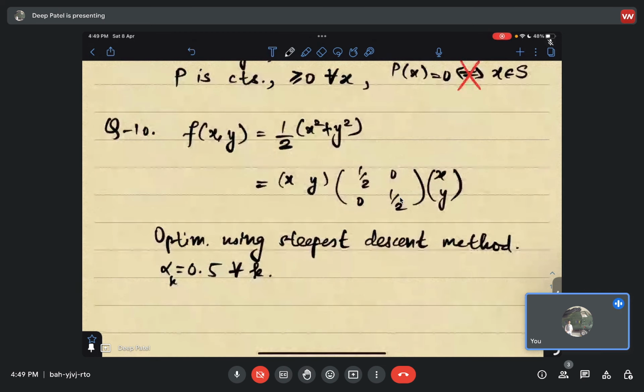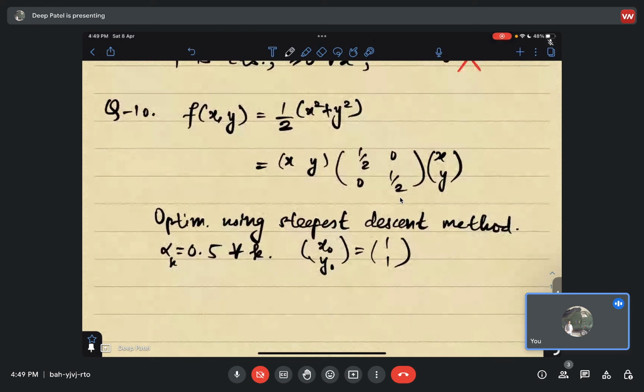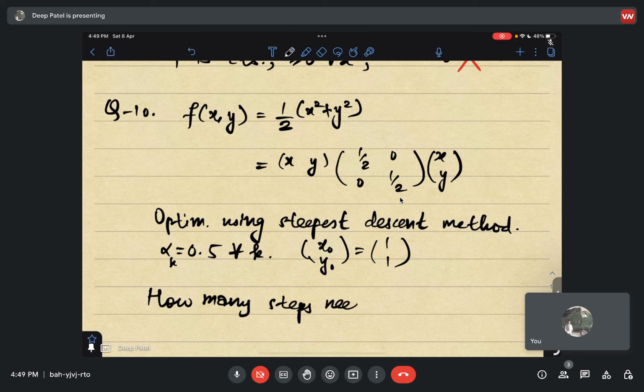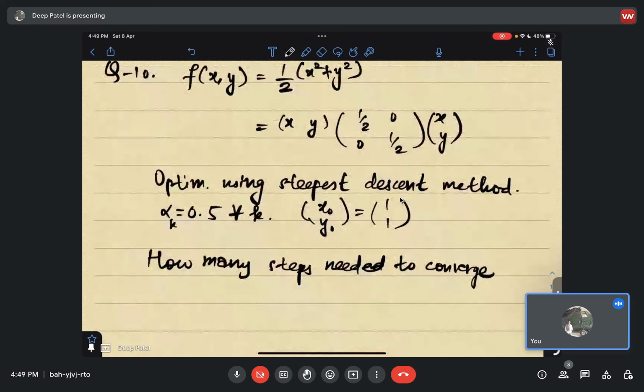Let's say we are starting from this point, which is 1 1. The question is, how many steps are needed to converge to the optimal solution?